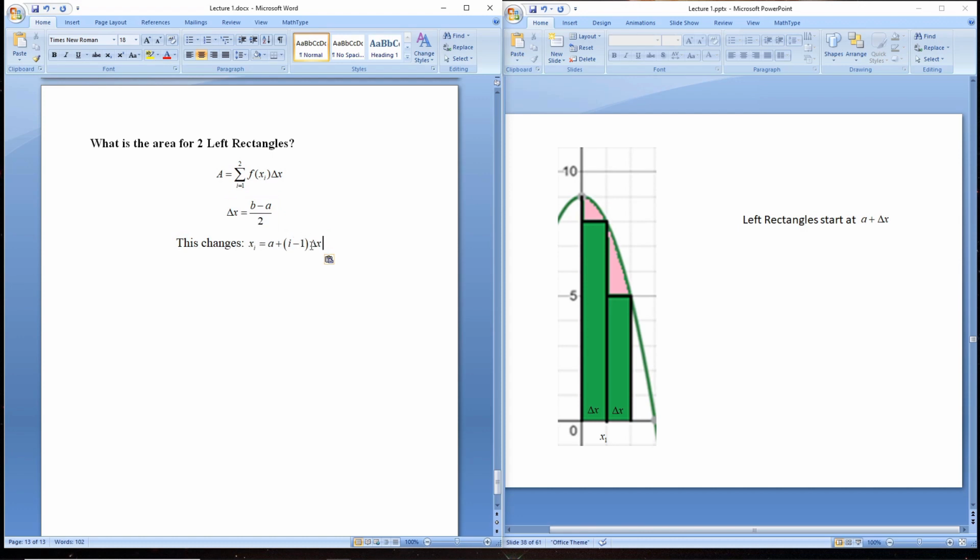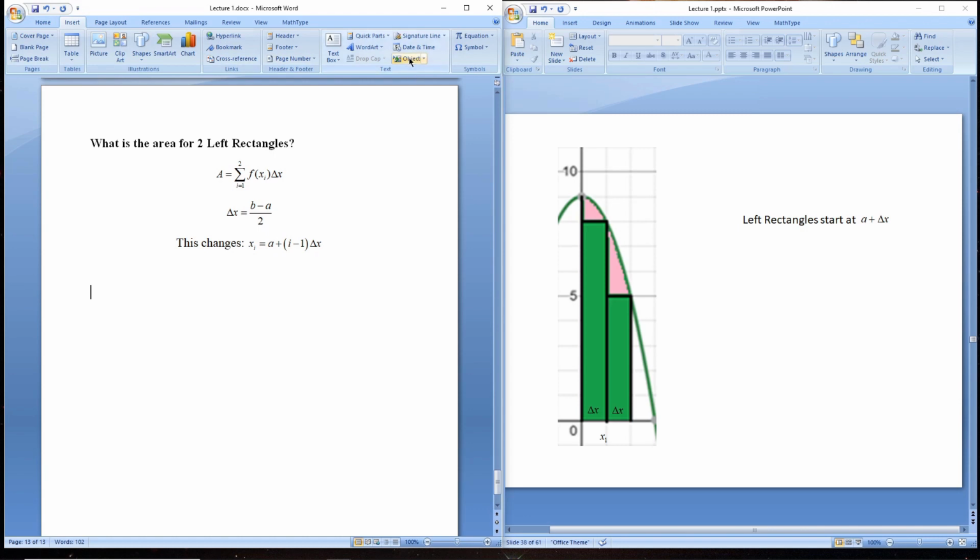So we need to change this expression so that it works with left rectangles. And so we just need to think about this for a moment. Our first left rectangle always starts delta x away.